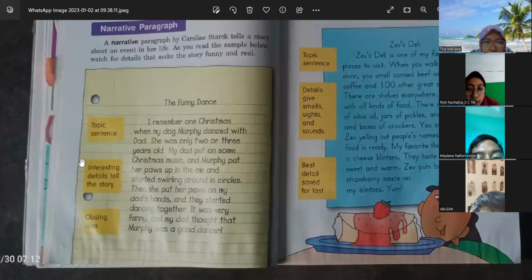Ini body loh, important. Kalau cuma bisa nulis topic sentence, detailsnya cannot describe your topic sentence, it's meaningless.